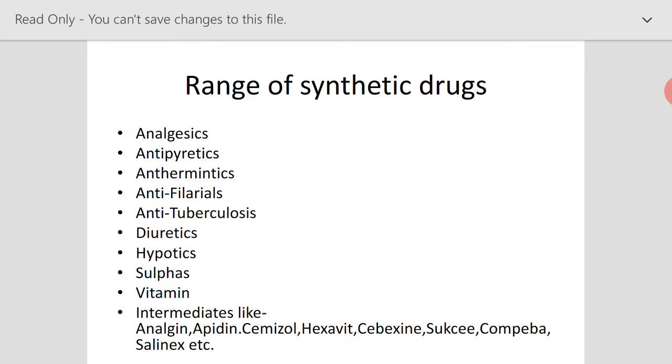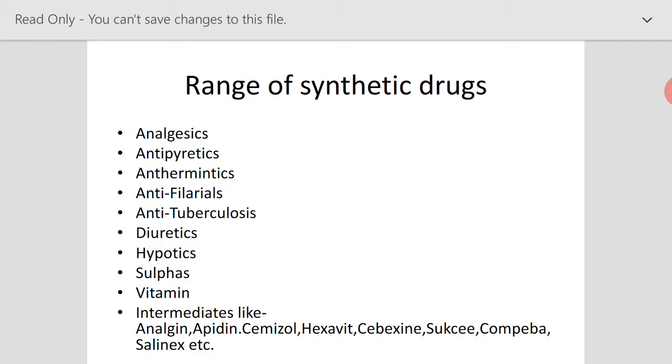In pharmaceutical industries, two types of drugs are normally manufactured: antibiotic drugs and synthetic drugs. What we have seen earlier are the antibiotic drugs, penicillin as well as streptomycin.